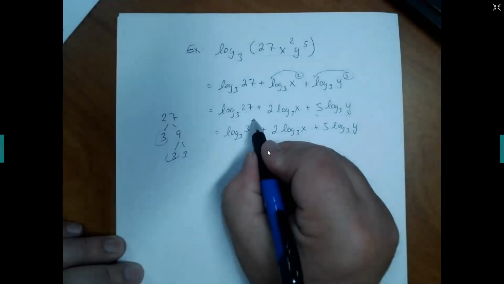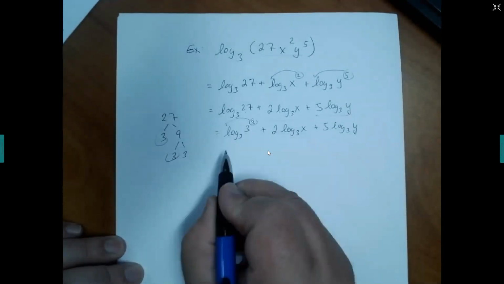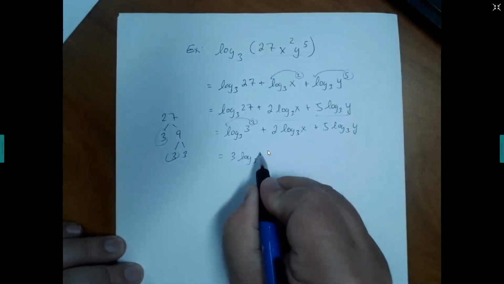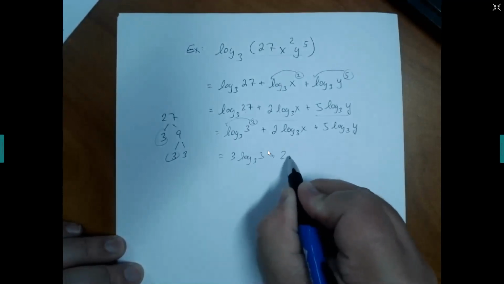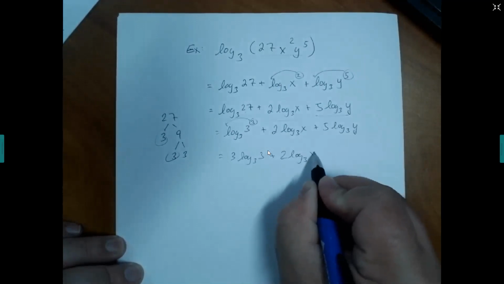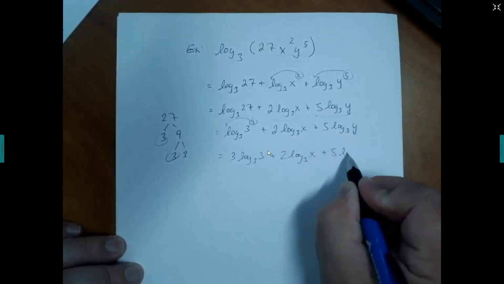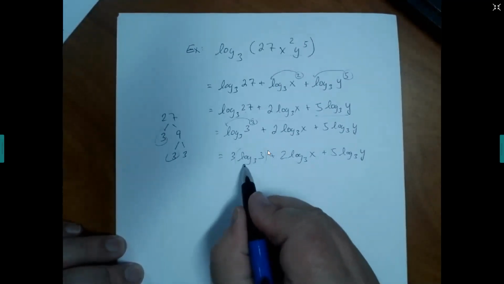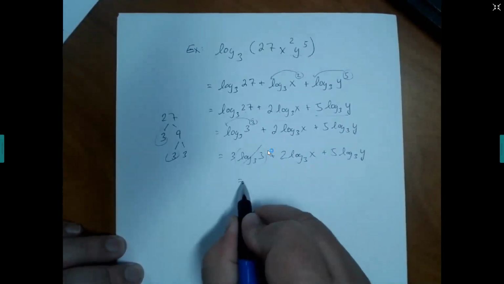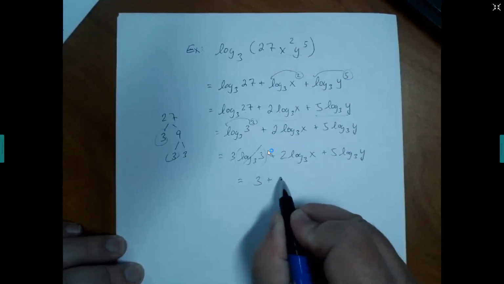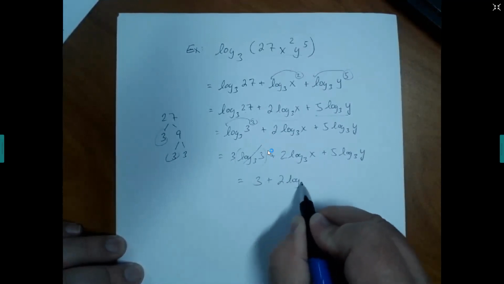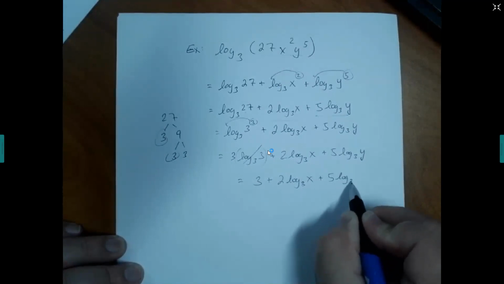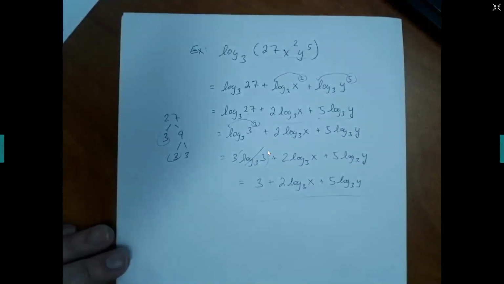Right, and so now since it has an exponent, that comes in front. Just write everything else out. Log base 3 of 3 becomes 1. So it just becomes 3, right? And there's your answer, expanded version.